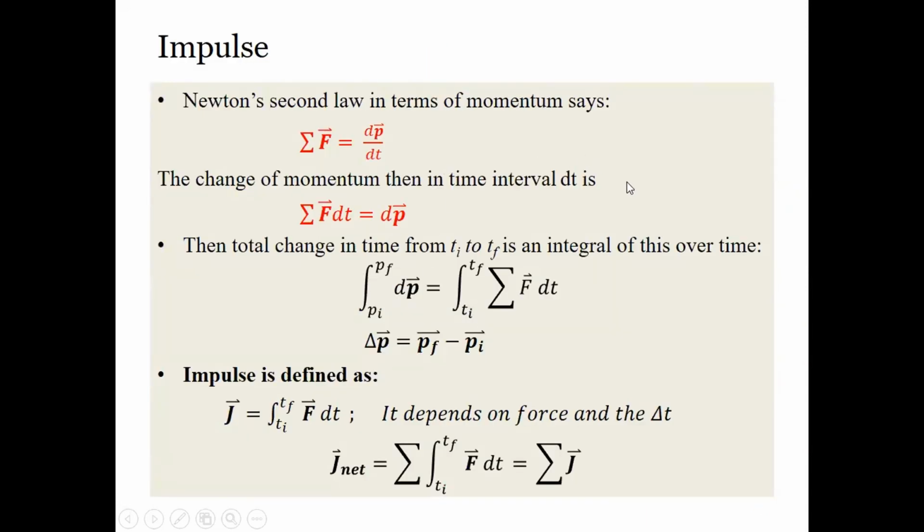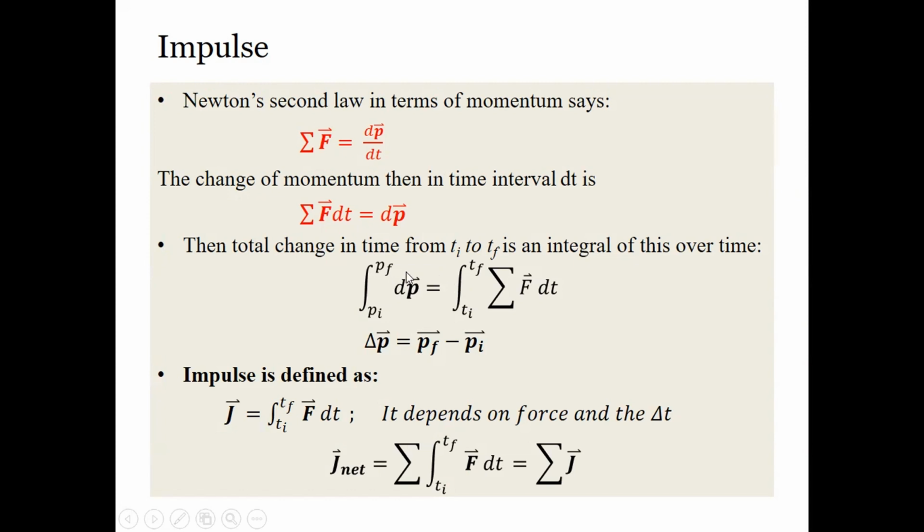If we employ Newton's second law in terms of the momentum, we say that the net force, the sigma F, is equal to dp over dt, which means the rate of change of the linear momentum. So the change in momentum is basically F into dt, the sum of this product.